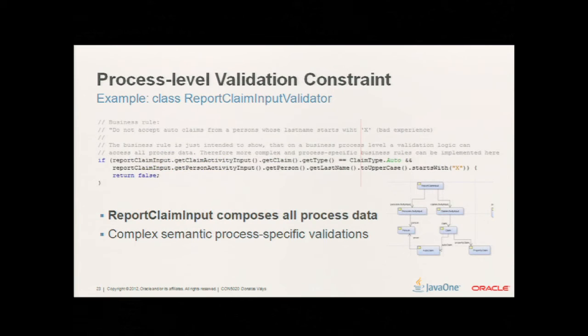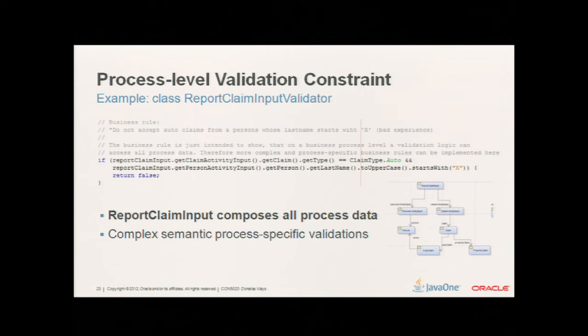When we move to the next layer, following the design principles in SOA, we have a need for process level validation. There might be some business constraints specific to a business process, like in our case the report claim process.